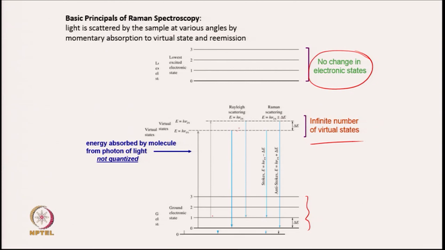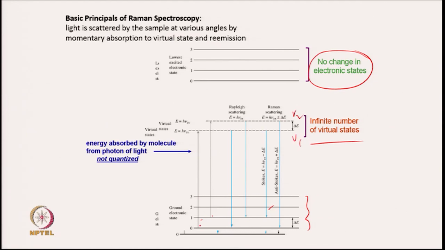Emission energy is equal to your h nu excitation. In Raman scattering, it does not come back to the same vibrational level. If you compare between this one and this one, the excitation is from the 0 vibrational state to this, suppose this is virtual V1 state, V1 and this is V2 state.